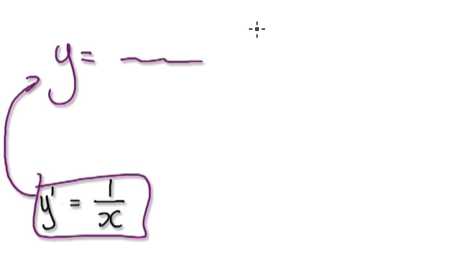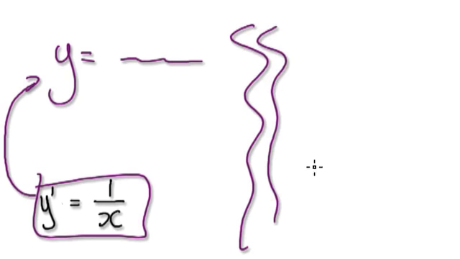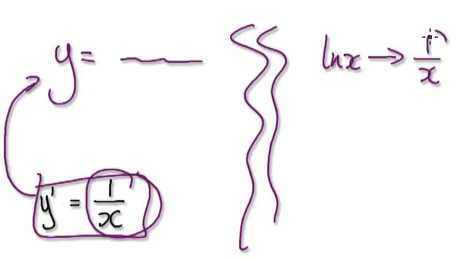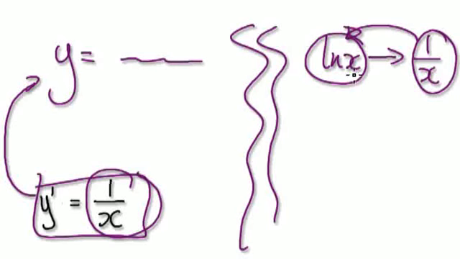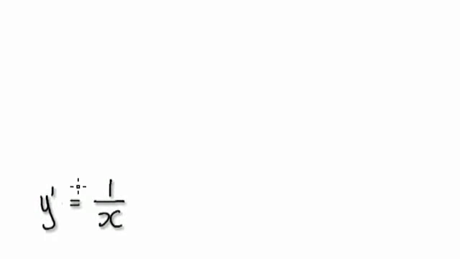On a different note, just remember that when you differentiate log of x, it gives you 1 over x. So what I've given you here, jumping backwards, is really the natural log of x. Just bear that in mind.